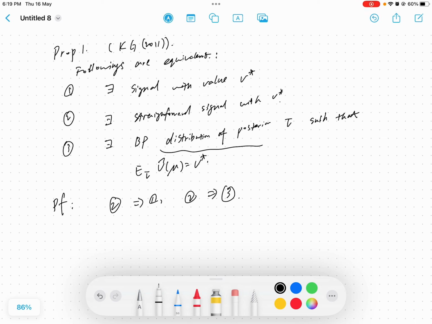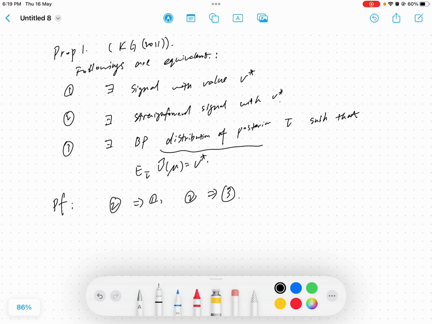Because if there exists a straightforward signal with value V star, then by the definition of a straightforward signal, which is an action recommendation, there must exist a Bayes plausible tau.